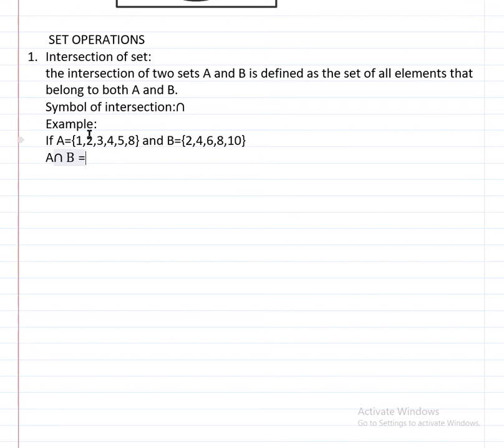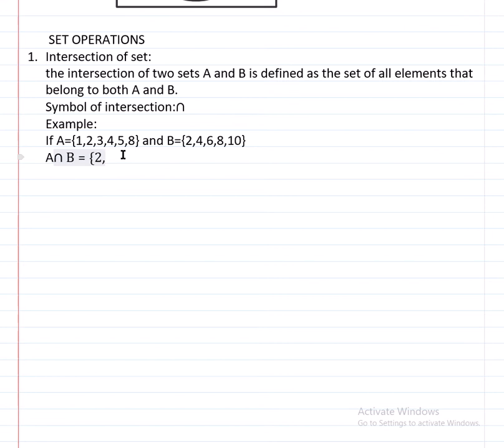We have 1, 2, 3, 4, 5, 8. Let's come to B. Do we have 1? No, 1 doesn't intersect. Do we have 2? Yes, we have 2 at B and we have 2 at A. So we take the member 2.